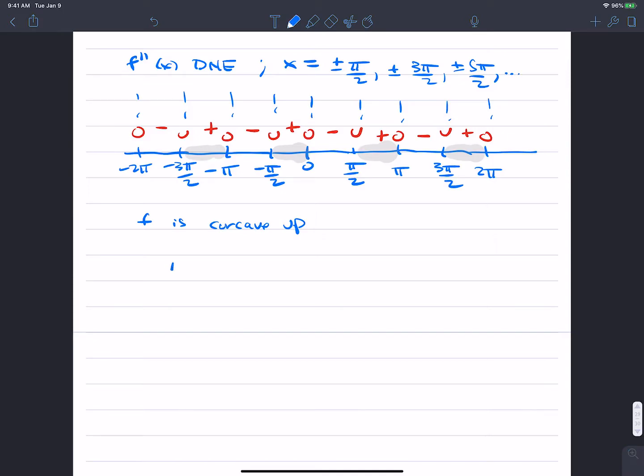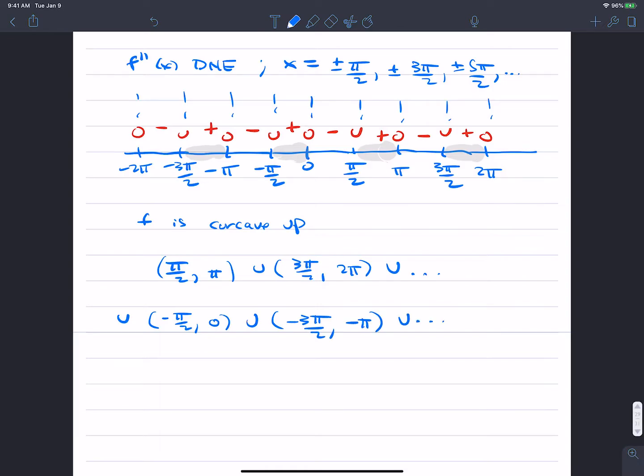Pi over 2 to pi, union 3 pi over 2 to 2 pi, union. This goes on forever, but we also want to join the left side there. We got negative pi over 2 up to 0, and negative 3 pi over 2 up to negative pi, and that goes on forever. So here's where we're concave up.